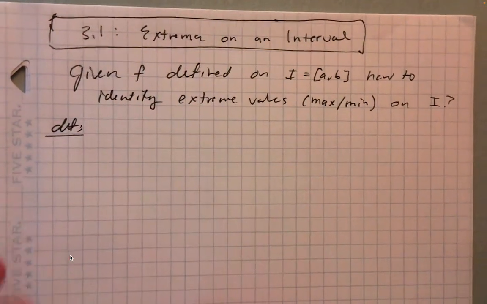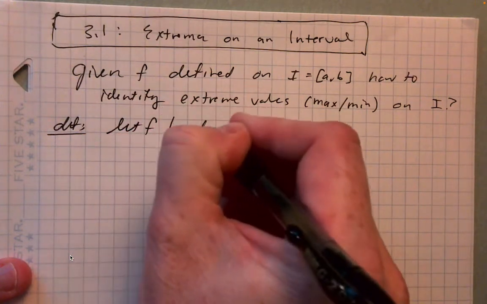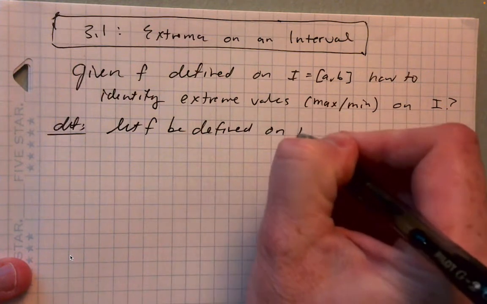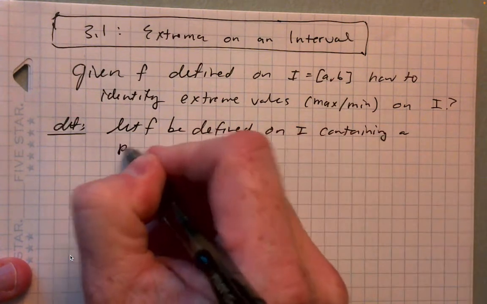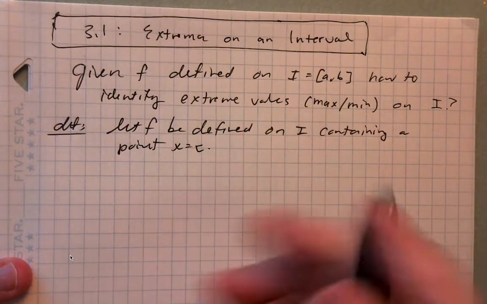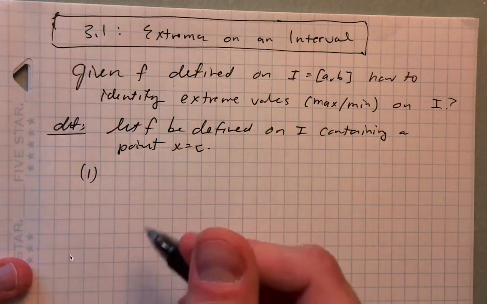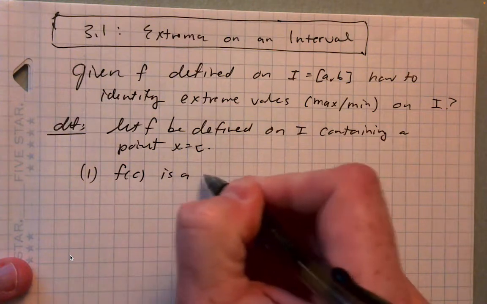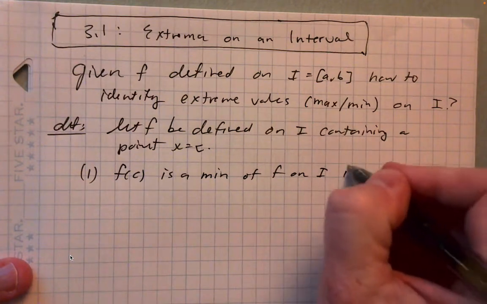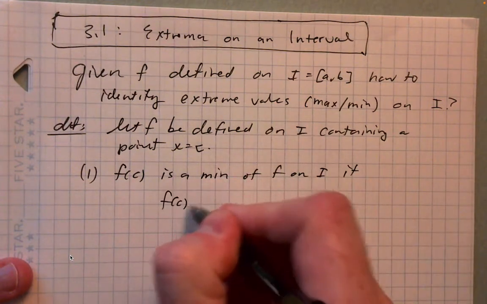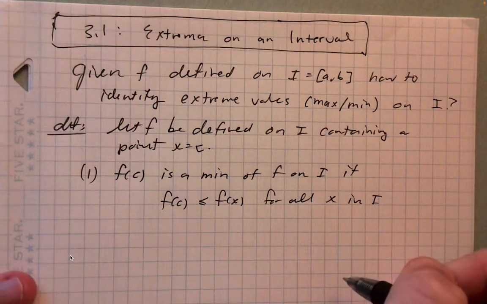So let f be defined on I containing a point C. Basically the min is defined to be, so f of C is a min of f on I if f of C is less than or equal to f of x for all x in I, except for C itself, of course.